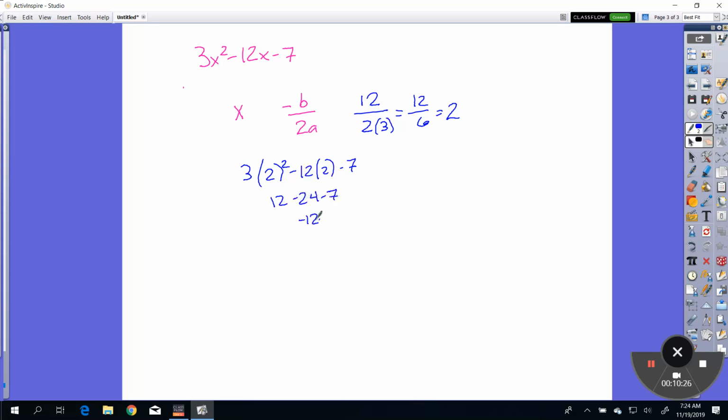So negative 12 minus 7 is negative 19. So to recap, the shortcut way to get the x coordinate is to take negative b divided by 2a. And then to get the y value, you take your x coordinate and plug it in, and that gives you the y part of the coordinate.